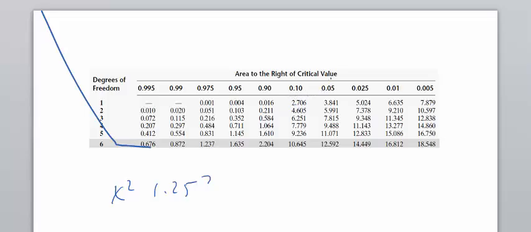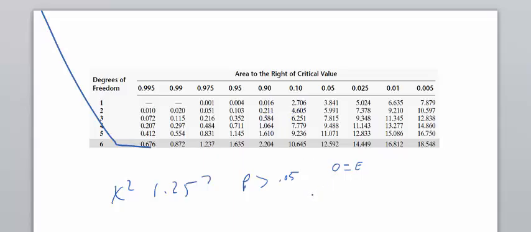So our p-value is greater than 0.05. That means the probability that the difference between observed and expected is due to chance is relatively high. So this is, what is the probability that O equals E? That's the way I like to think about it now. The probability is between 0.1 and 0.9.